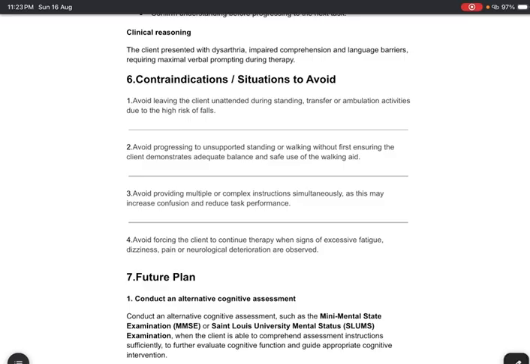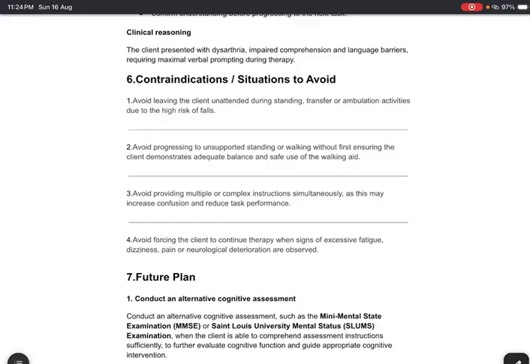There were also several situations that needed to be avoided during therapy. Mr. K should not be left unattended during standing, transfer, or ambulation because of his high fall risk. He should not be progressed to unsupported standing or walking unless he demonstrates adequate balance and safe use of the walking aid.